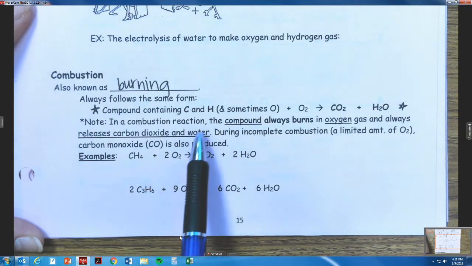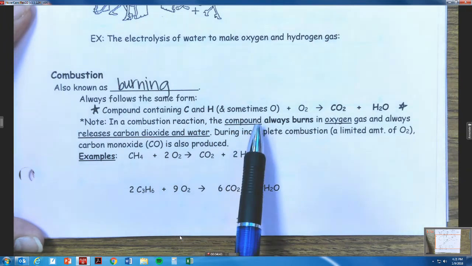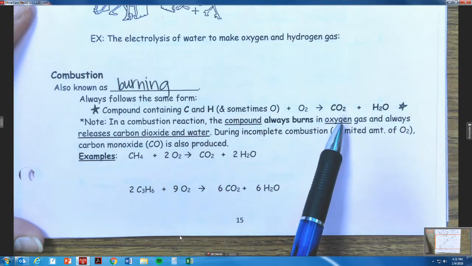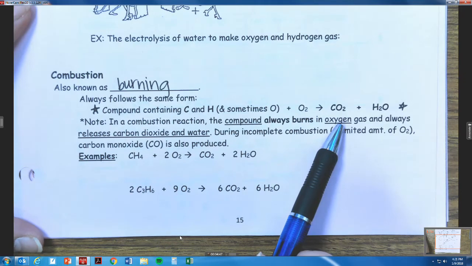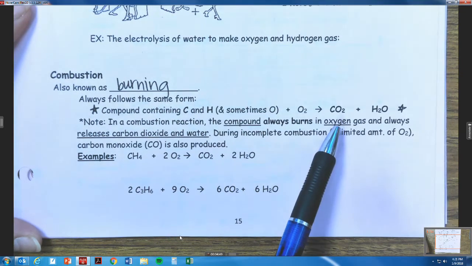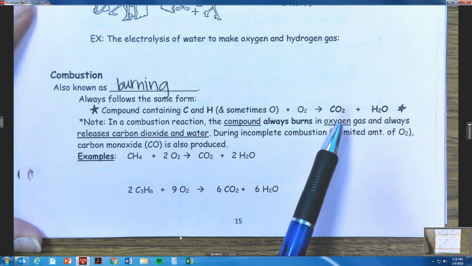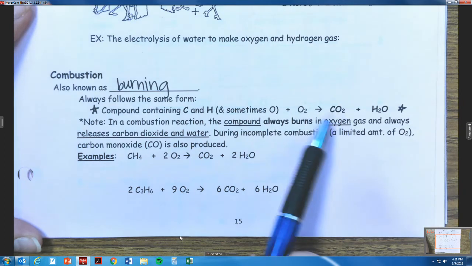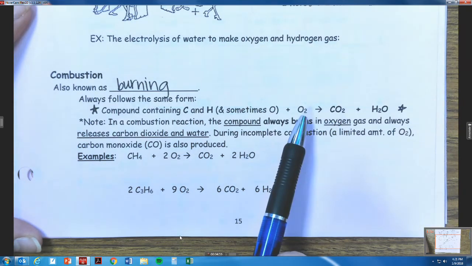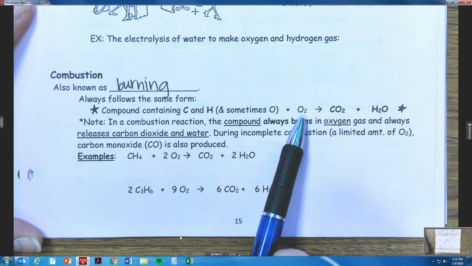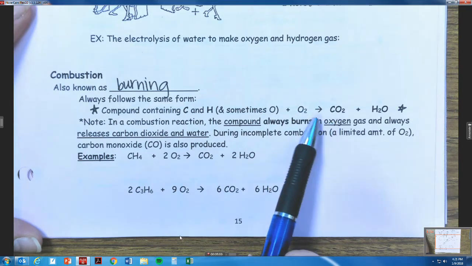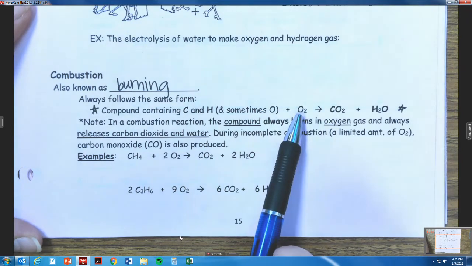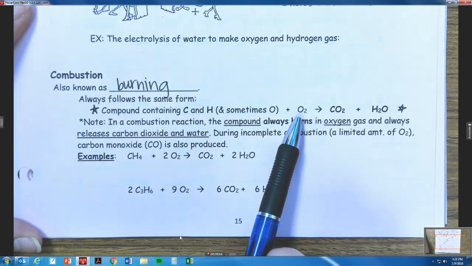But the important thing here is that your compound always burns with oxygen gas. If you've ever played with fire, your flame will not survive if there is no oxygen. So oxygen is the fuel for combustion. No oxygen, no fuel.